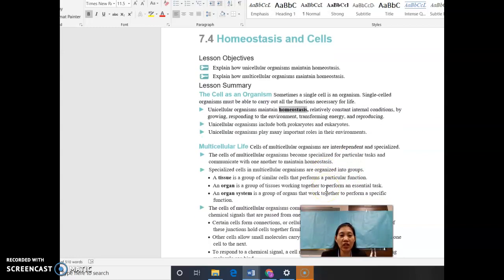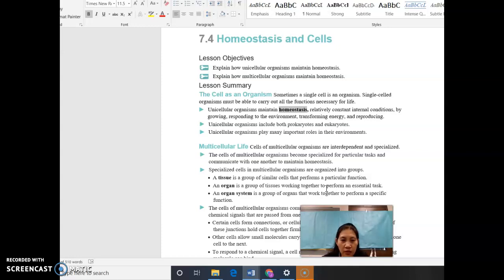So I want you to take note of these words. Cells are the basic unit of life, right? You have to remember the cell theory. One, the cell is the basic unit of life, and every living thing has a cell, and cells come from pre-existing cells.